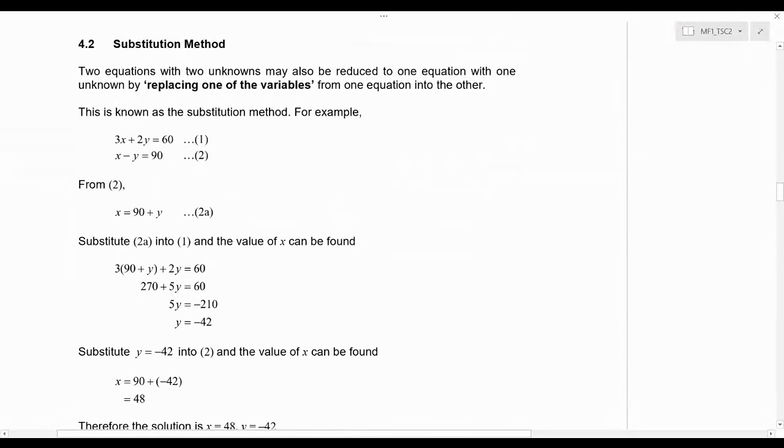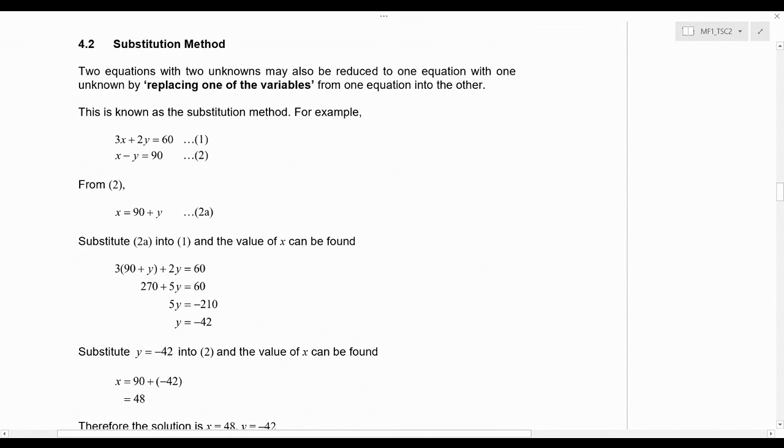So the second method is the substitution method. The substitution method is another way to solve the simultaneous equation. Basically we are trying to replace one of the variables in the other equation. So I'm going to manipulate and make one of the variables the subject, and I'll substitute it inside the other equation.